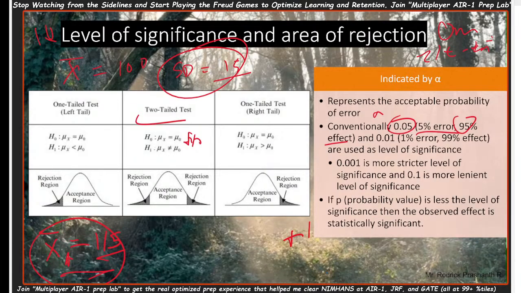Now, if I say a person has gotten an IQ of 145, not a person, I've taken another sample from the same population. Okay, so let's say this is sample B, and the mean of the sample is 145. What will be the Z value for this?